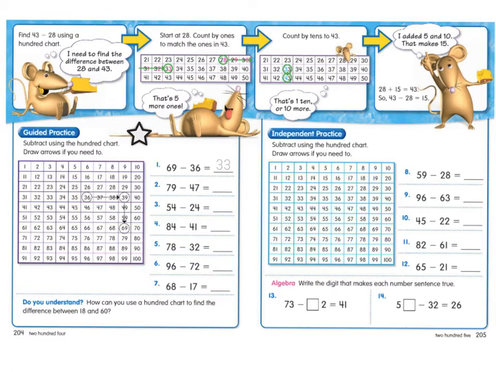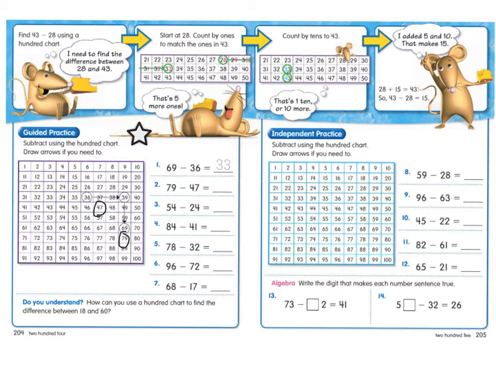Subtract using the 100 chart, draw arrows if you want to. So number 2, I need to find the difference between 79 and 47. So I would find 79 and circle it, and I would also find 47 and circle that.